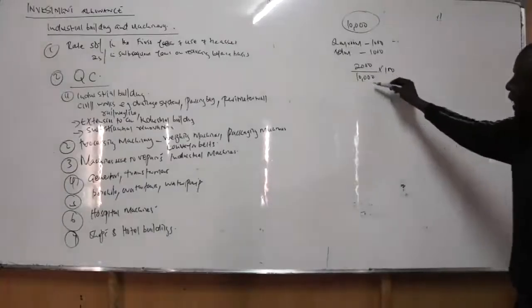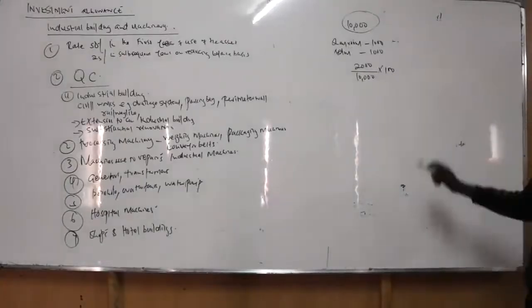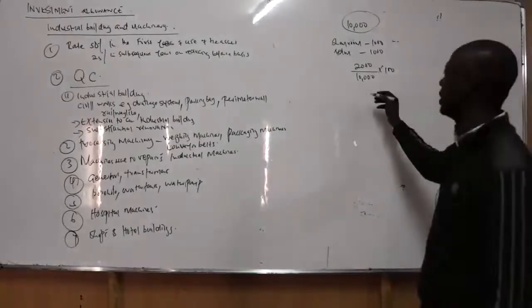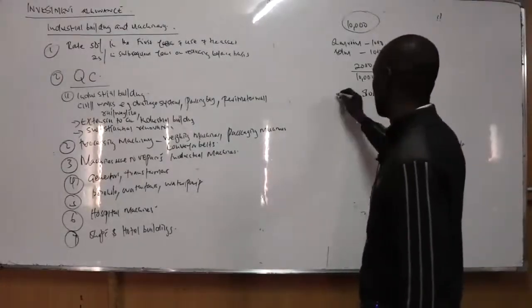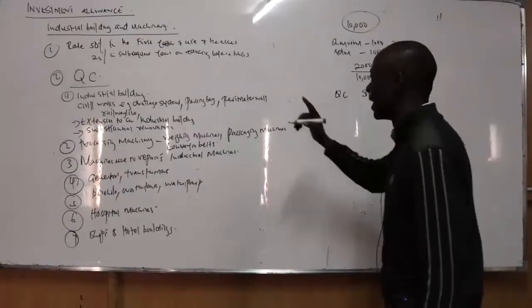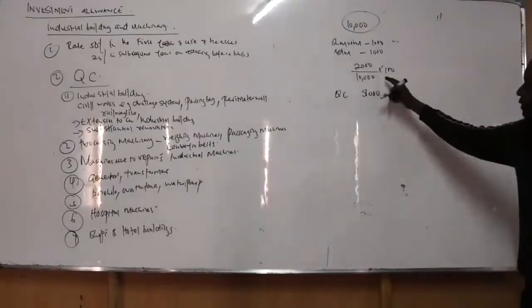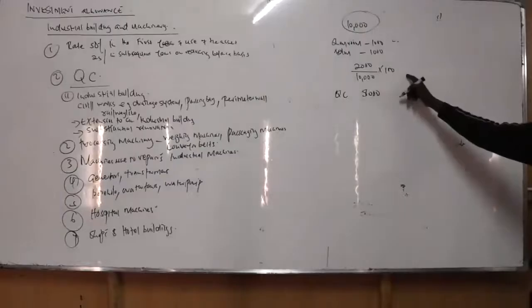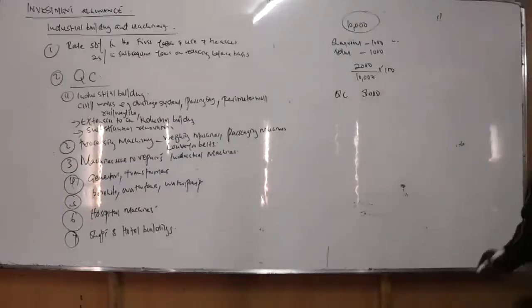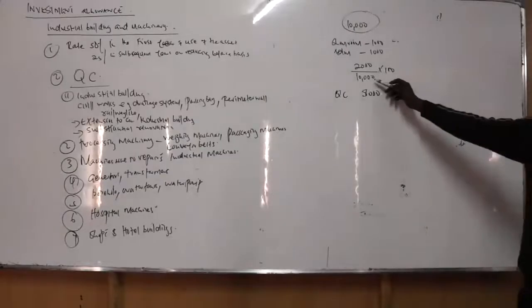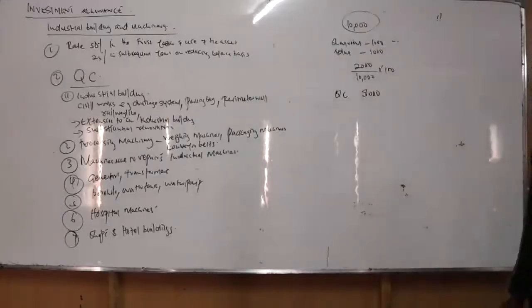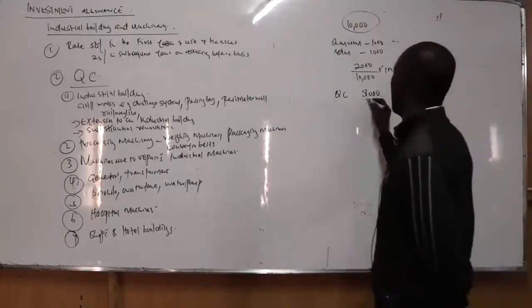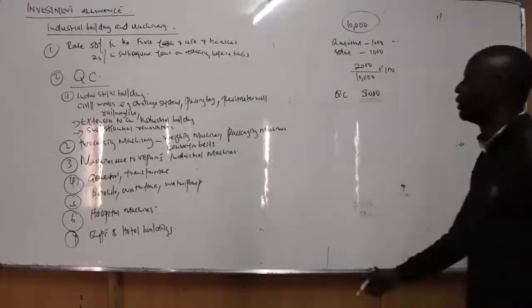If the answer you get here is greater than 10%, the qualifying cost will be 8 million. If this answer is greater than 10% by any figure, then the non-qualifying costs will be eliminated from the total cost. I hope you're following. This is a very common testing area.